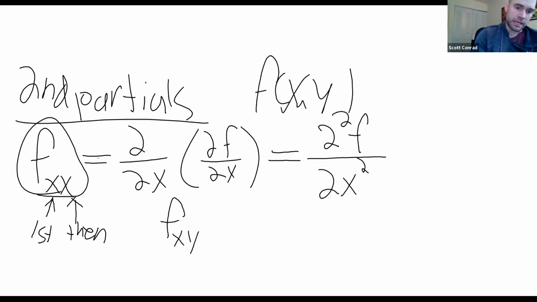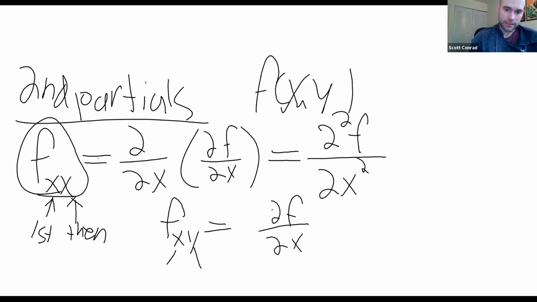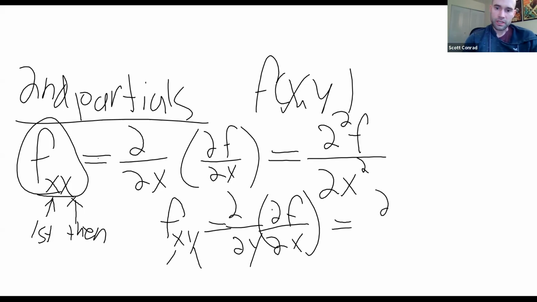Then we have f sub xy, which means first we take the partial with respect to x, and then we take the partial of that function with respect to y. You could see this written as d squared f dy dx.